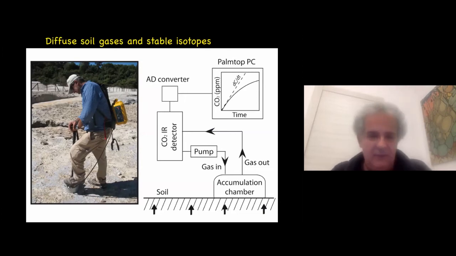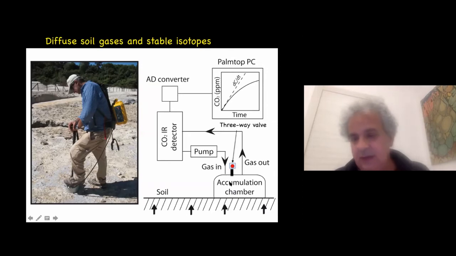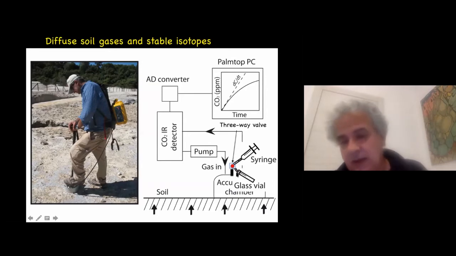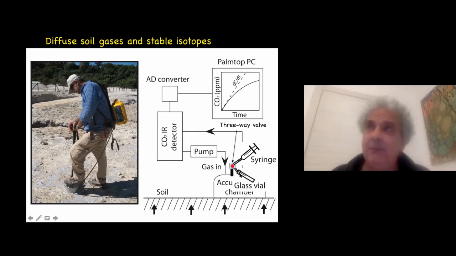You can do some small variation: in the accumulation chamber, you can put a sort of small tube with a three-way valve that is connected to a syringe and connected to a gas vial. So basically, you may suck the gas from the accumulation chamber and transfer this gas into a gas vial that is equipped with a rubber septum.